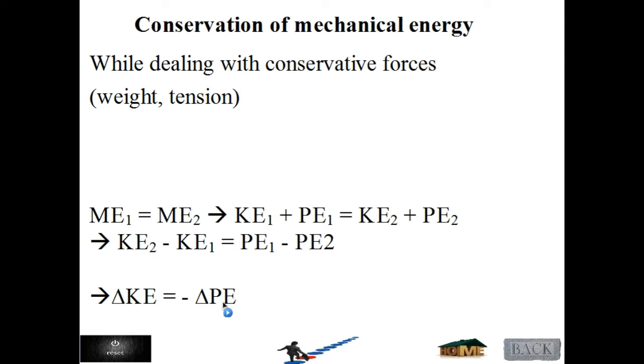So always the variation of kinetic and the variation of potential are opposite in sign. So if kinetic is increasing, potential will decrease; if potential is increasing, kinetic will decrease.